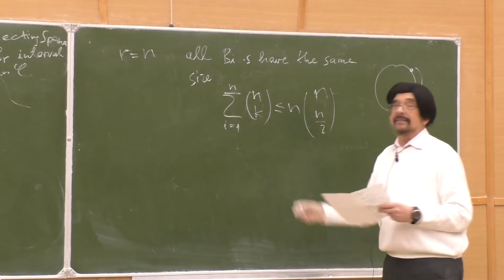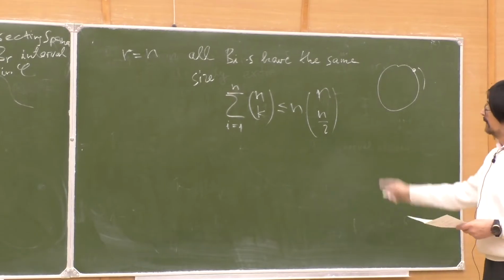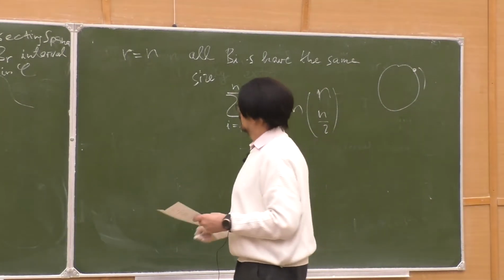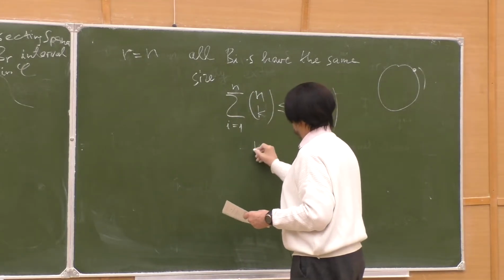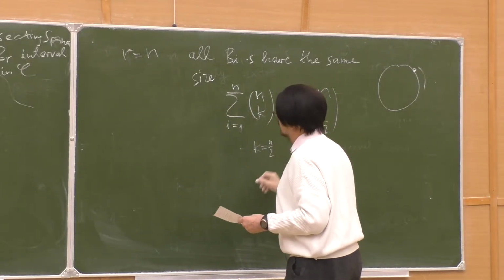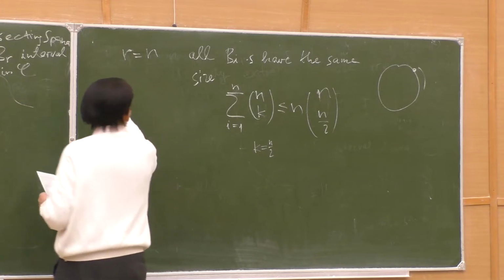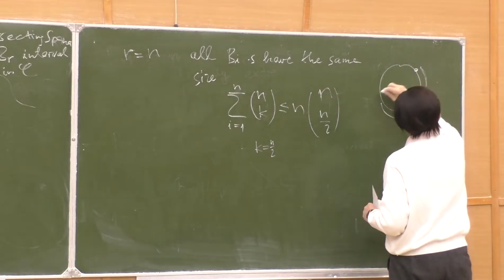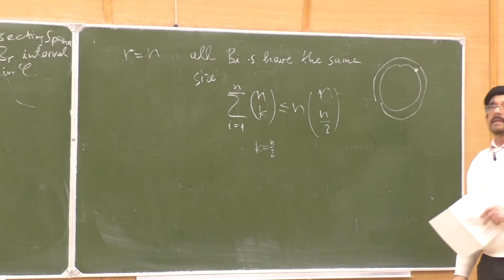So if n is even, we obtain this one. But this is impossible, because if k is n half, then we have these two sets.